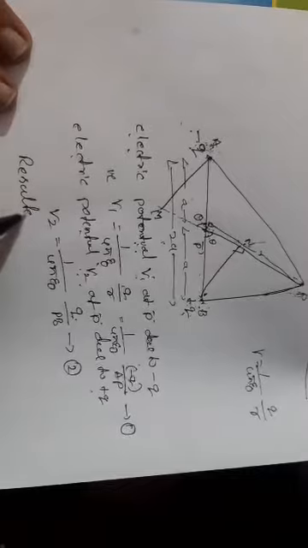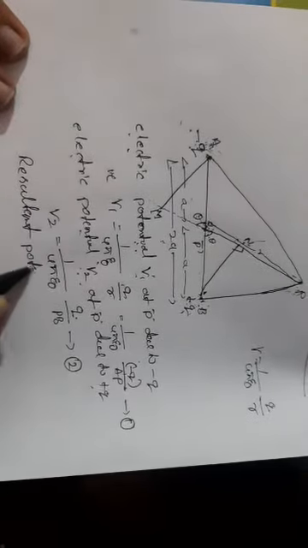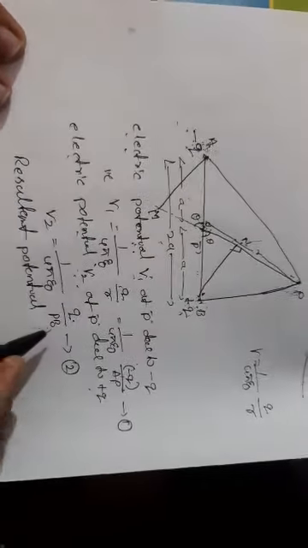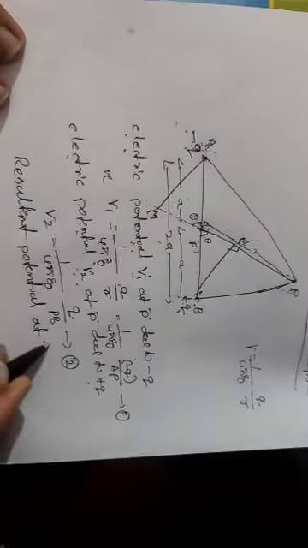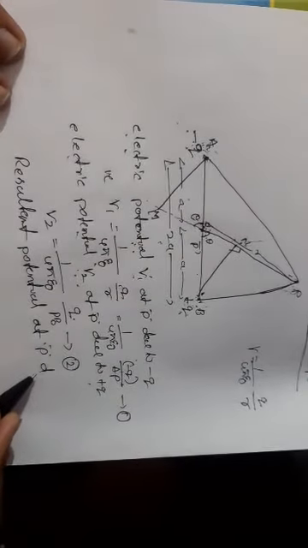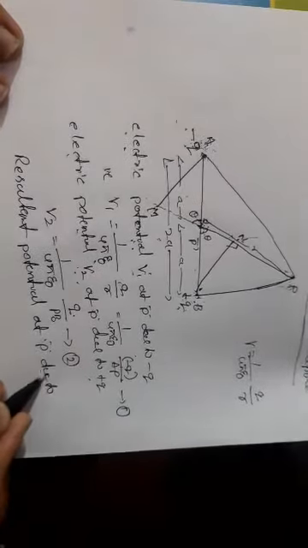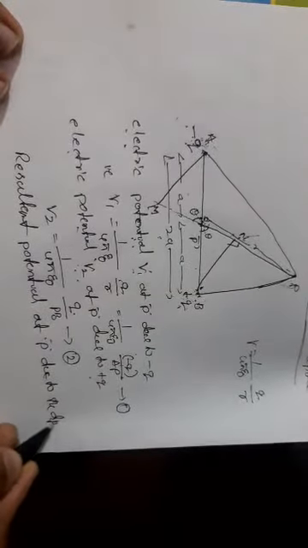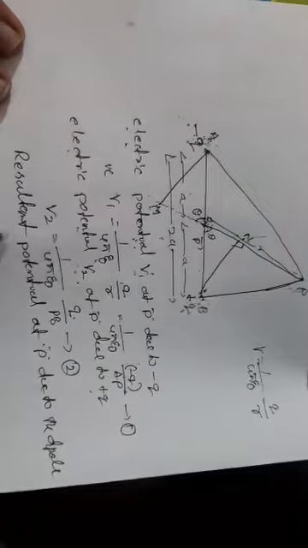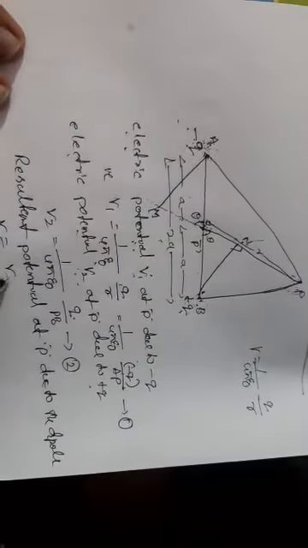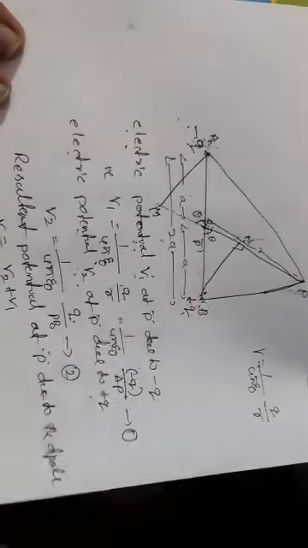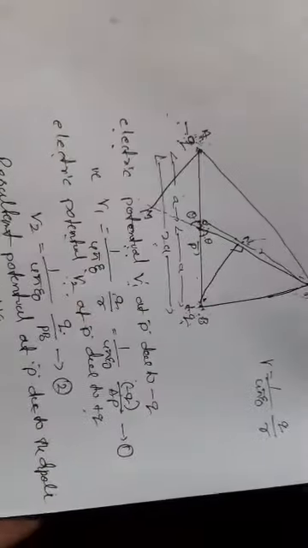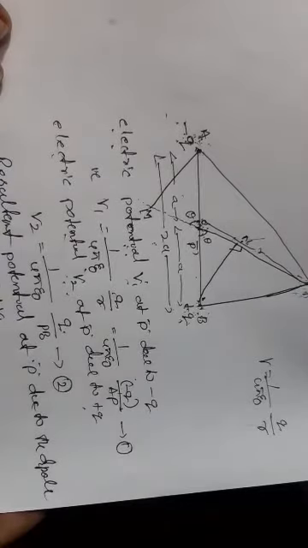The resultant potential at point P due to the dipole system is V equals V1 plus V2, or V2 plus V1, both are the same. V equals V1 plus V2 is the resultant potential at point P due to the dipole system.